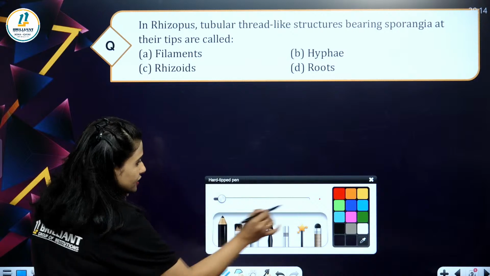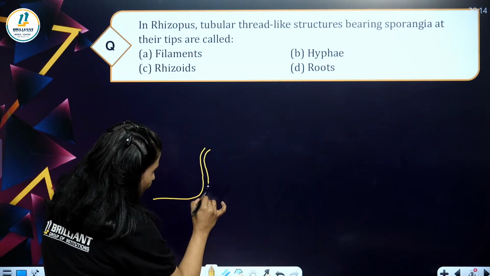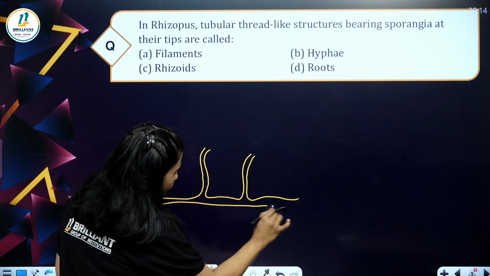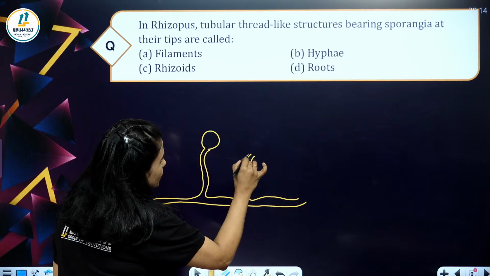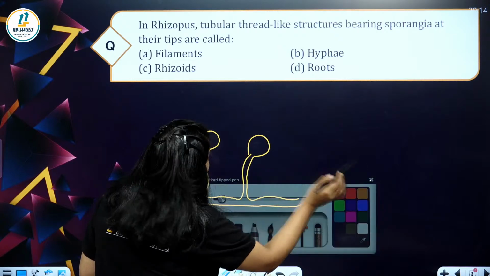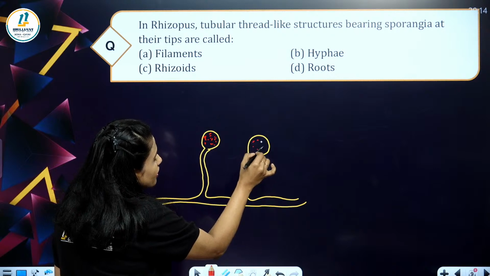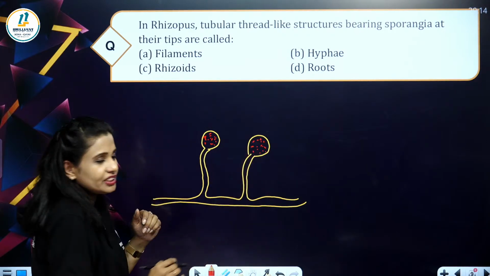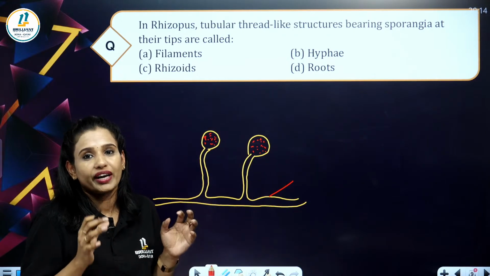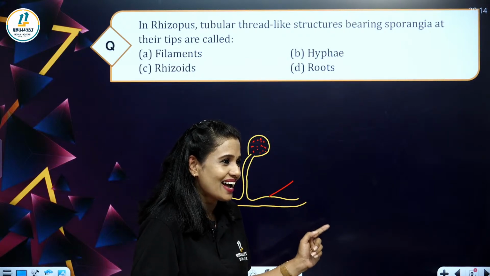See, in Rhizopus, as you know, the tubular structures bearing sporangia. And what are these tubular structures known as? That is the question.